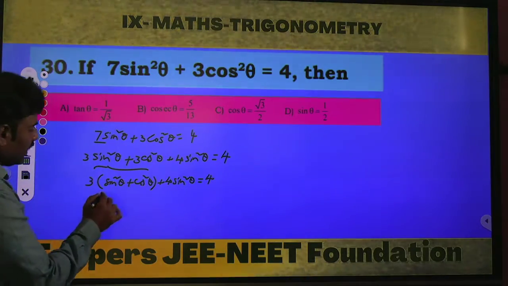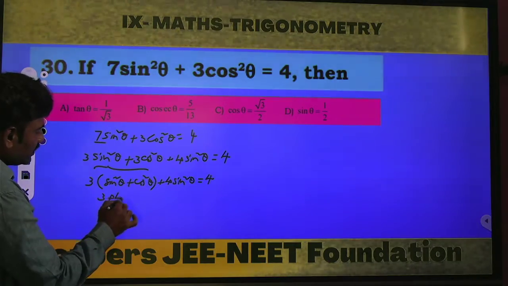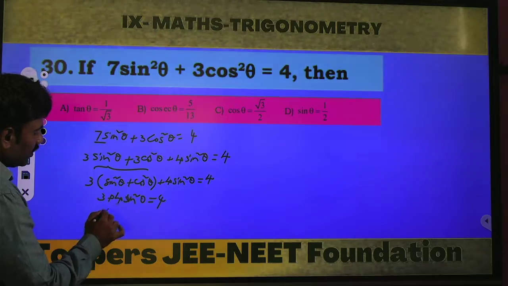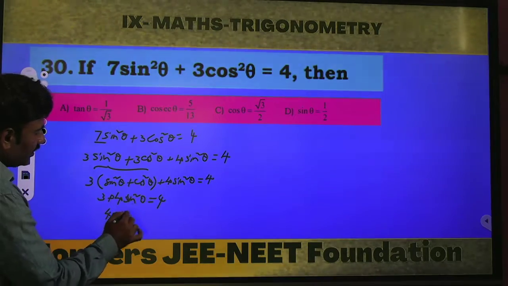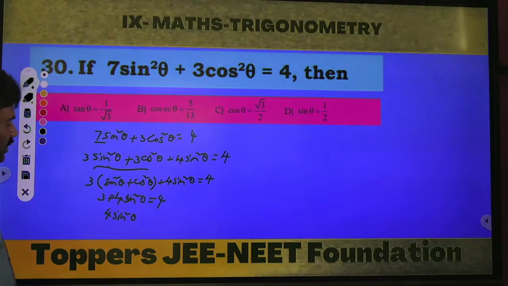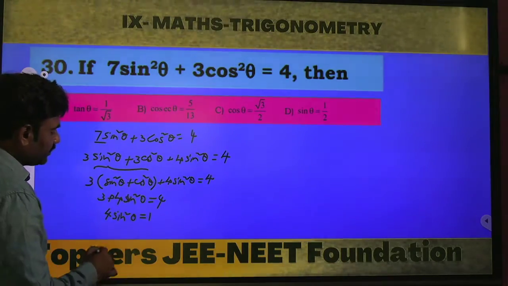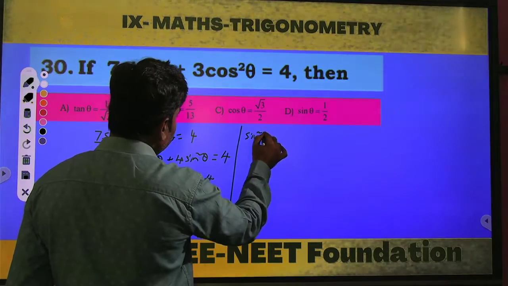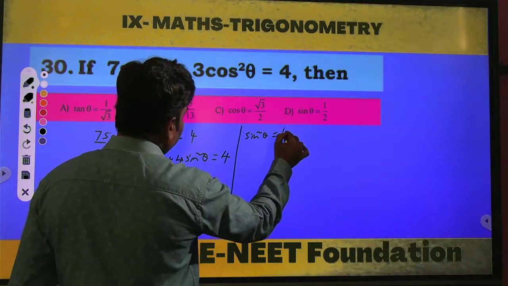1 into 3, 3. 3 plus 4 sin square theta is equal to 4. Let us transpose 3 to the RHS. 4 minus 3 becomes 1. Then sin square theta is equal to 1 by 4.